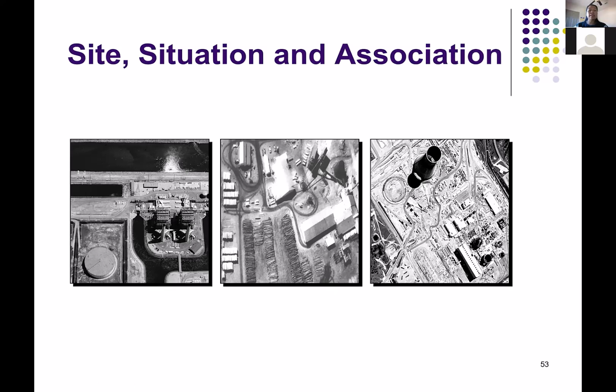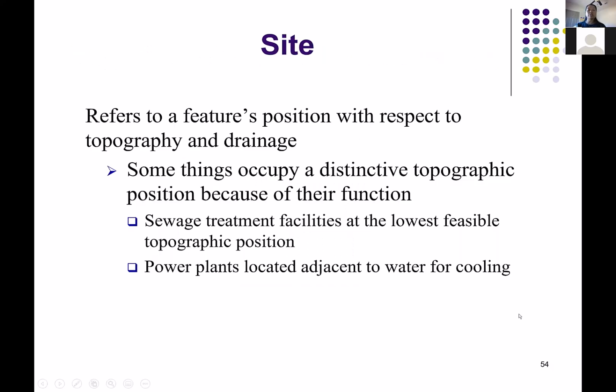And then site, situation, and association. So a lot of times, besides those elements, we need to look for other information that is often more advanced, related to site, situation, and association. So site refers to a feature's position with respect to topography and drainage.